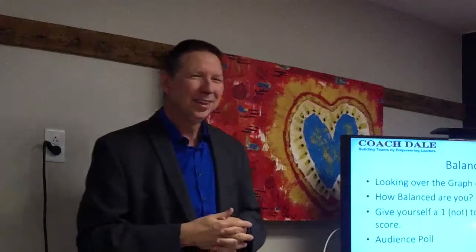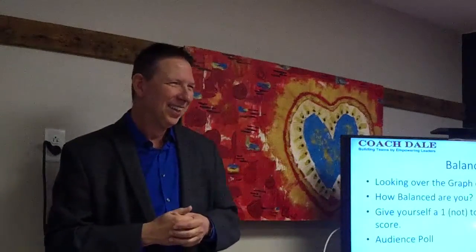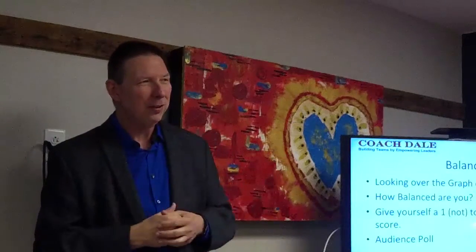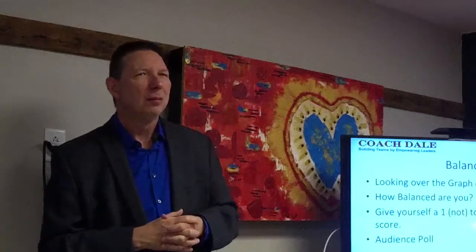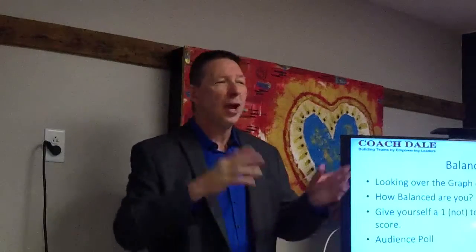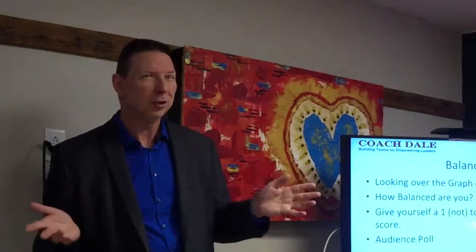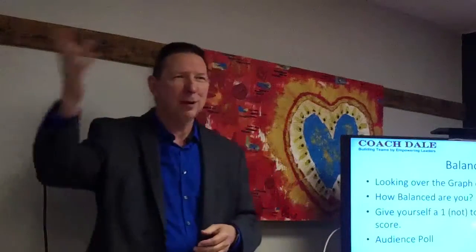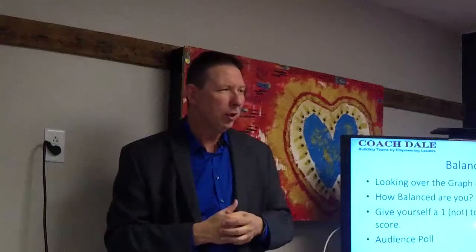Yeah, no right or wrong, it's only your answers. I would do this in a graph, in a shortened graph. Okay, that's very valid. But if you had to pick a number on a scale of 1 to 10 for how balanced your life is, if you don't want to look at the Graph of Life, if you just had to pick a number out of there, what kind of number would you go with?